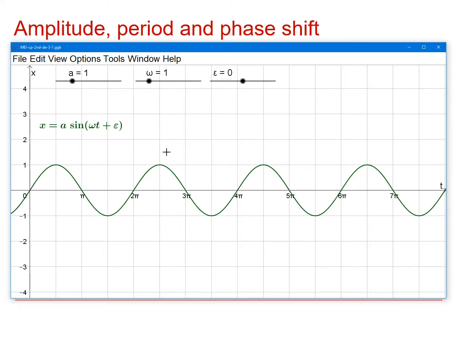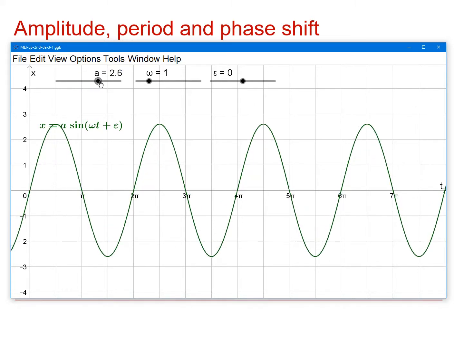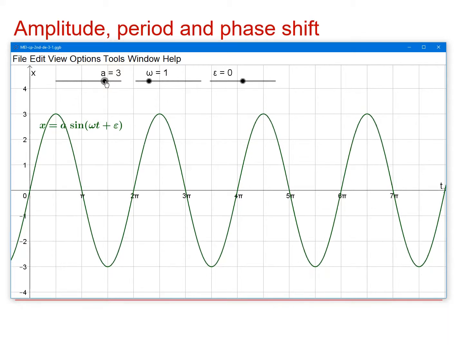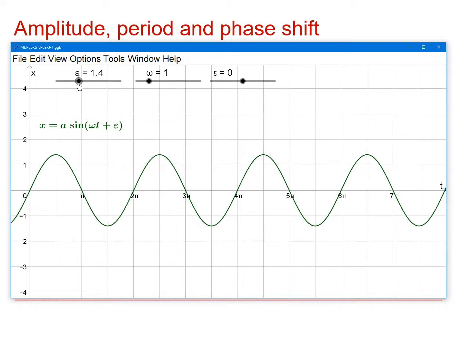Let's have a look at what happens as we alter the parameters. As I alter a and it gets larger, the sine wave gets taller. It's just the multiple for the sine wave, so if it's set at 3, it oscillates between 3 and minus 3. We refer to a as the amplitude of the motion.